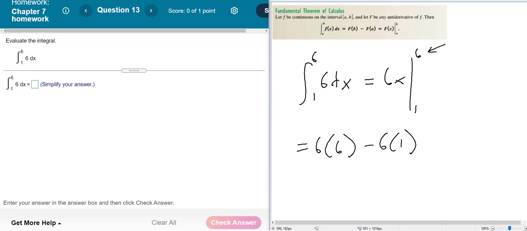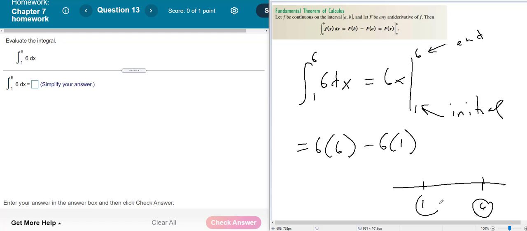So end point before initial. Okay, this is the last point. This is the first point. Right? So if you're moving from 1 to 6, you do this one first, back to this one. 6 minus 1, in this case, is 5. But up here, it's 36 minus 6, which is 30.